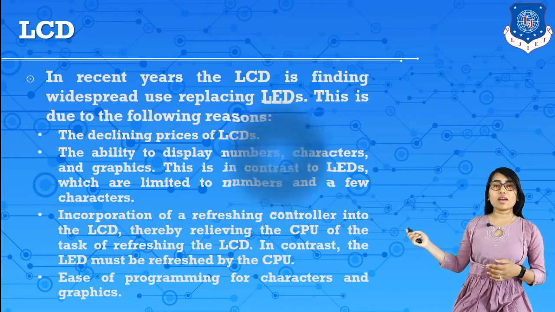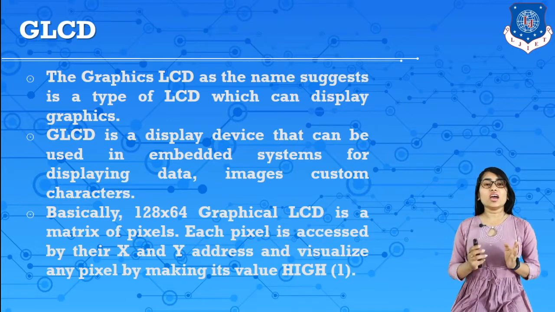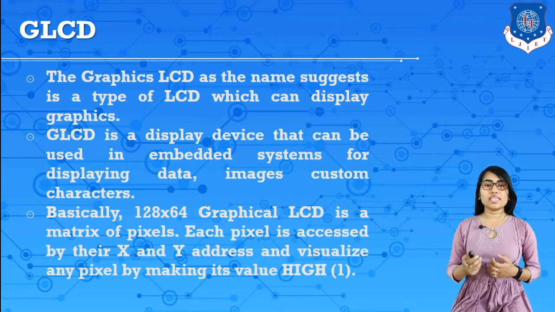Next we have a GLCD. This GLCD is basically a graphics LCD, and as the name suggests, it is a type of LCD which can display graphics. GLCD is a display device that can be used in an embedded system for displaying data, images and custom characters.